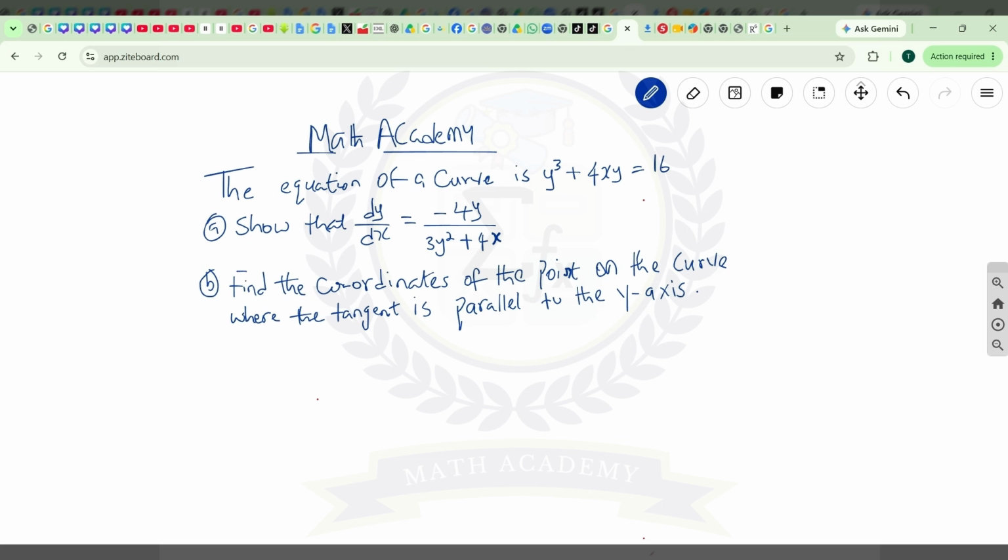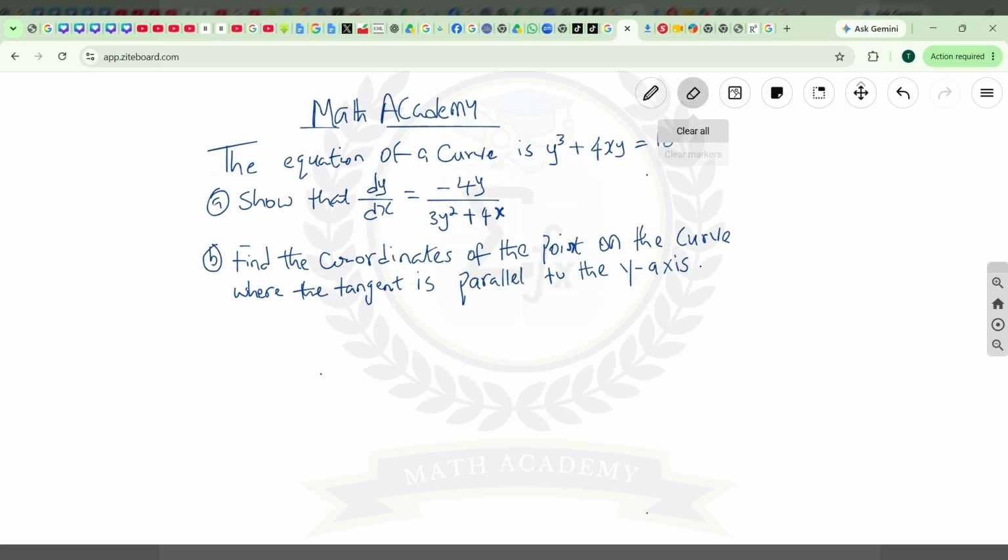And to solve the second part of the question, we are going to find the coordinates of the point, that means the point x and the point y, where the tangent is parallel to the y-axis. Pretty simple, straightforward question. Let's solve this and proceed.